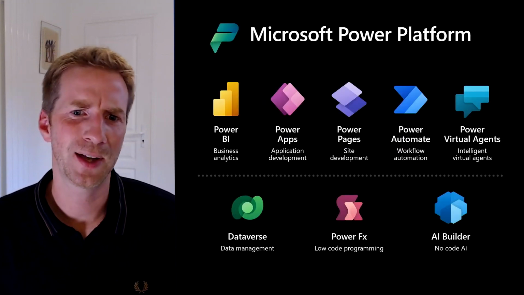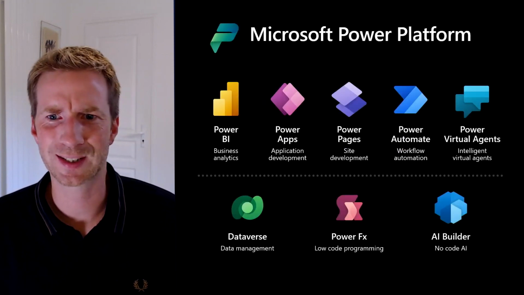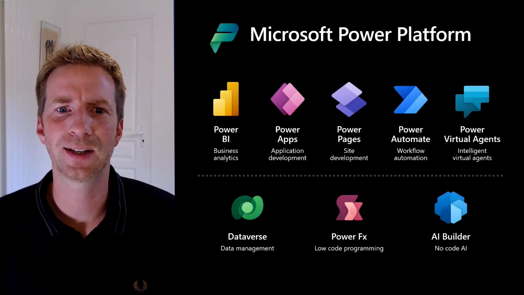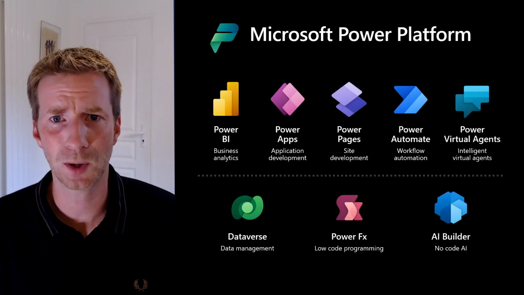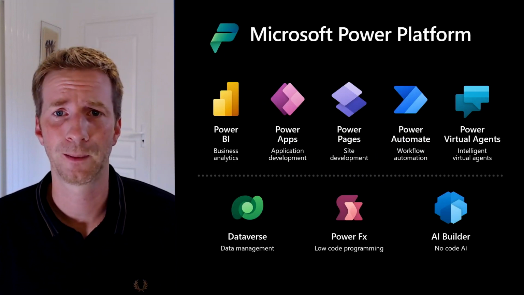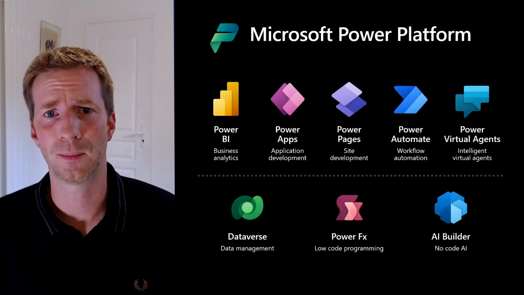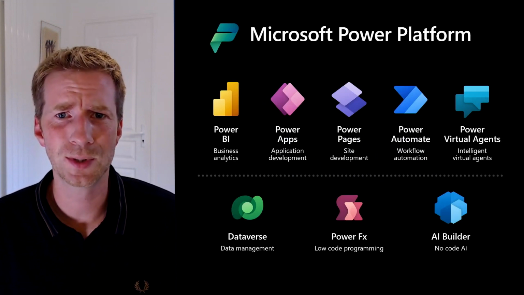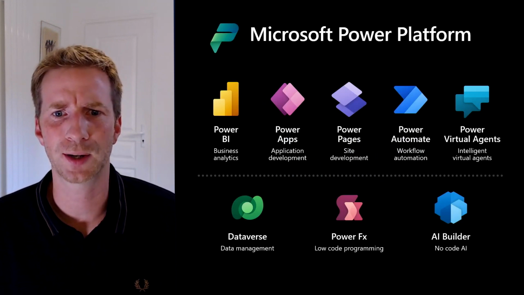Now, because the power of AI is really unleashed when it is combined with productivity apps, AI Builder is integrated as a shared capability across multiple products within Microsoft. Within the Power Platform, Microsoft's no-code, low-code productivity suite, you can use AI Builder in tandem with other products to build innovative scenarios.